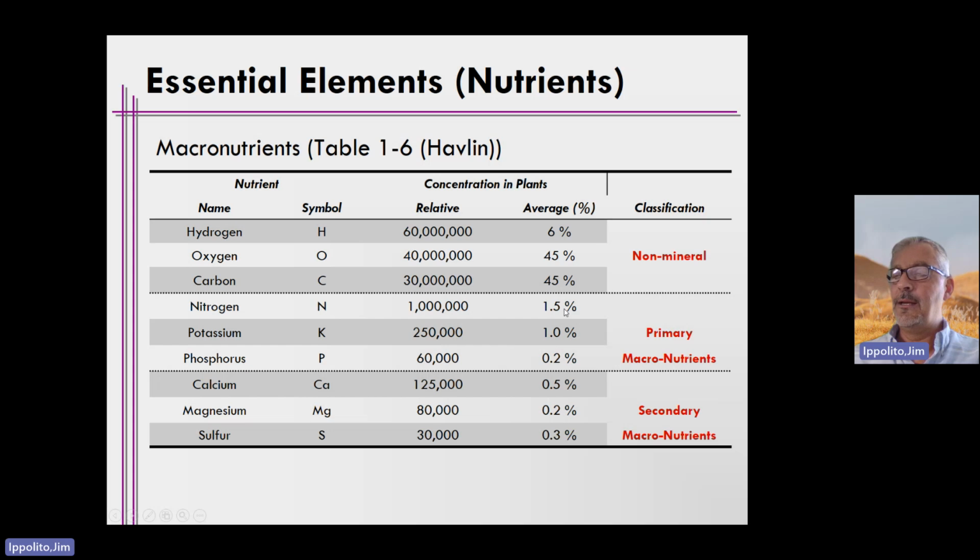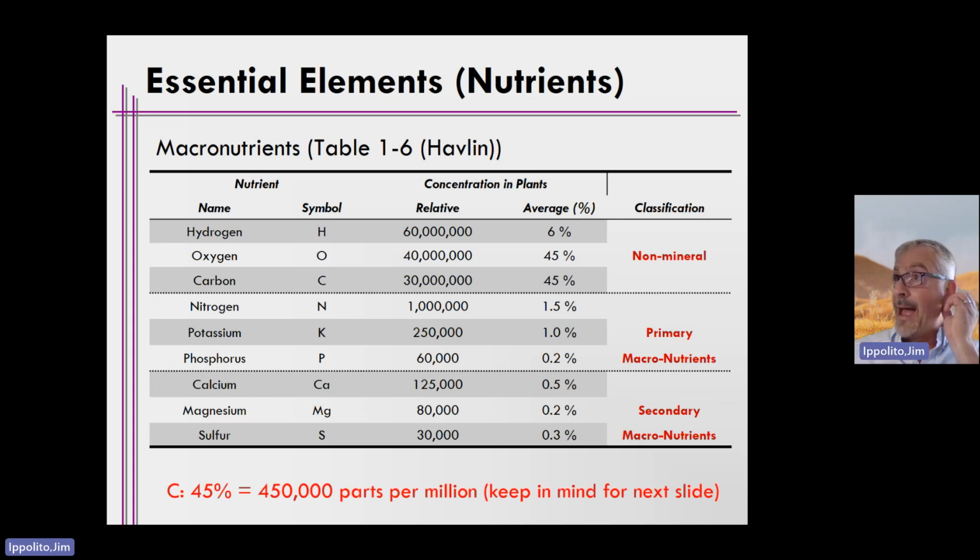And within a plant, they comprise 1.5, 1, and 0.2% roughly, right? Still pretty high, but not as great as the non-mineral phases. And then there's 3 secondary macronutrients: calcium, magnesium, and sulfur. These 6 we can manipulate via fertilizers or amendments and their applications to soils.